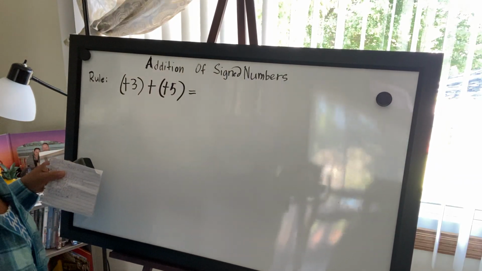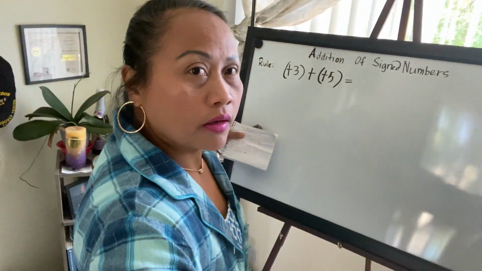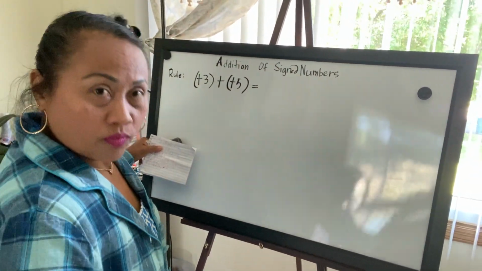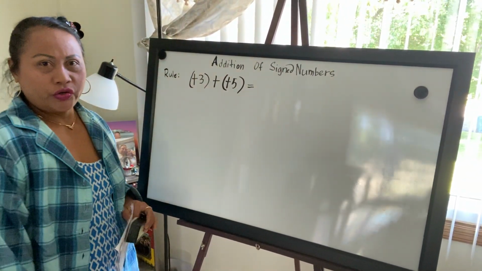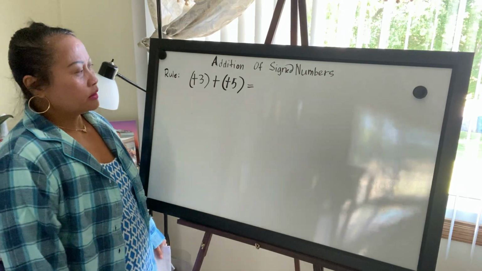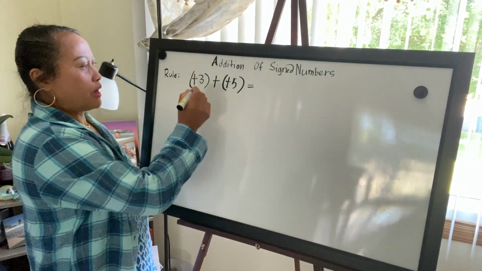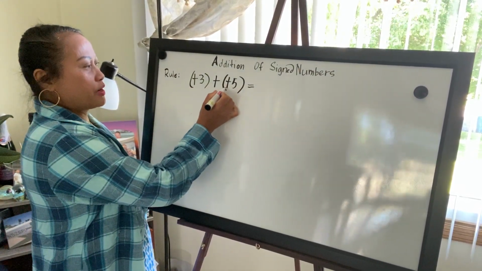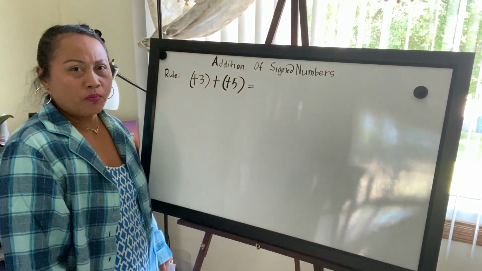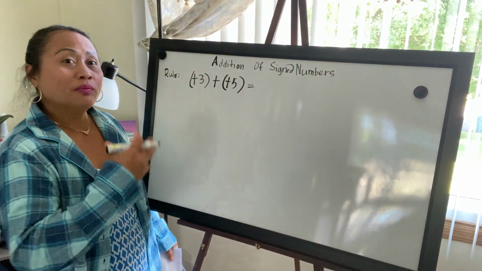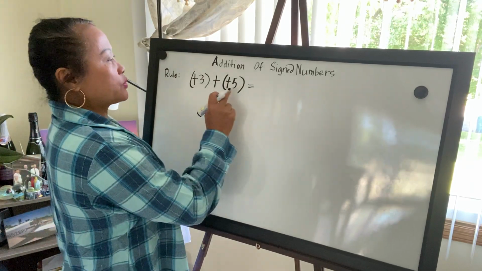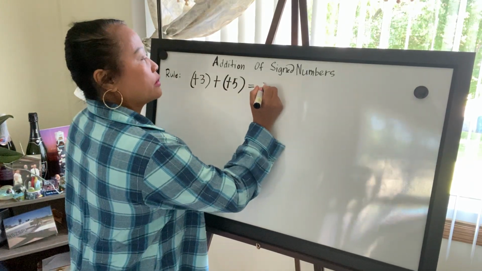The rule in addition, adding numbers with the same sign, which is positive here and positive, you have to find the total, or you have to add. Okay, 3 plus 5 equals 8.